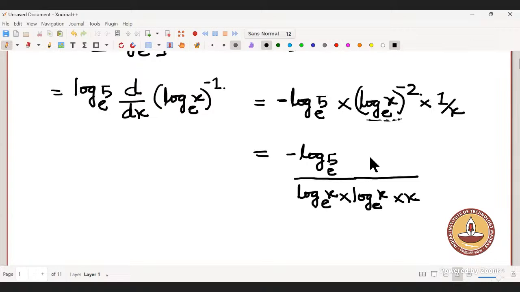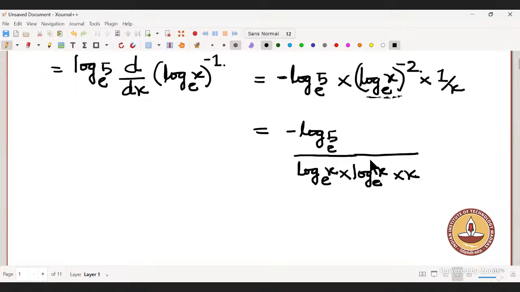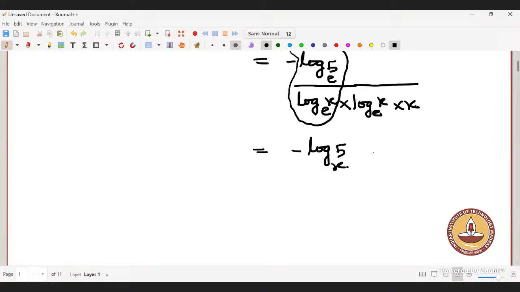Now you need to check which of the given options is the same as this one. I can write this quantity as log 5 base x, and then what is this?